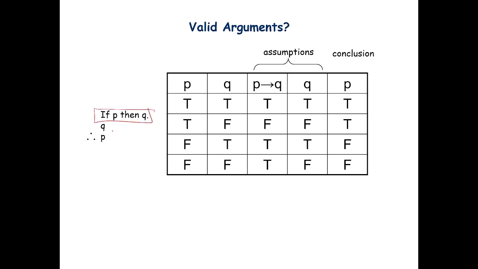So these are valid arguments. If P, then Q. Is it though? If P, then Q, Q, so P. No, I don't think this is going to be a valid argument. Let's see. P implies Q, Q. Whenever these assumptions are true, this is the case. P is true.